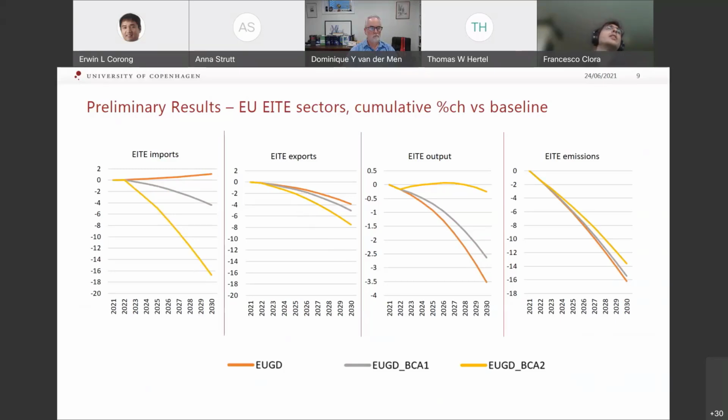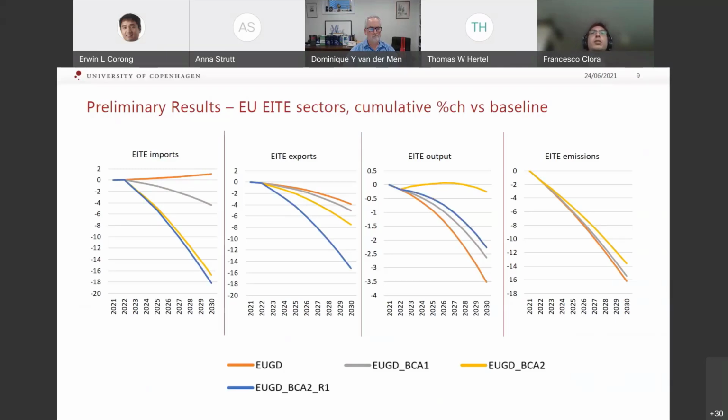The introduction of a retaliatory border carbon adjustment by non-EU regions on the EU, obviously, the first thing it affects is the EU exports of IT products to the rest of the world. These are now reduced by 15% compared to the baseline. And due to trade diversion, EU imports from non-EU regions are also further reduced.